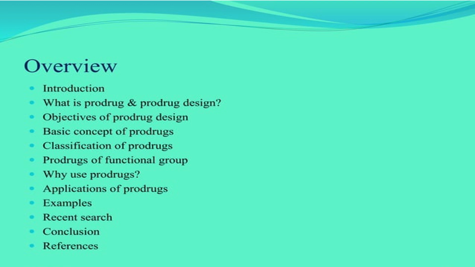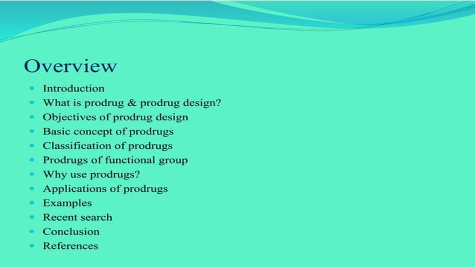classification, how this prodrug concept is classified, whether it is carrier linked, and prodrugs of the functional groups. So how we are going to prepare or design a prodrug depending upon the functional groups, for example ester and so on.